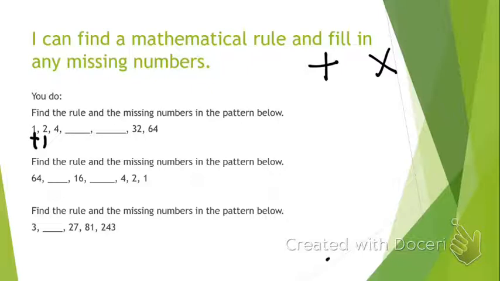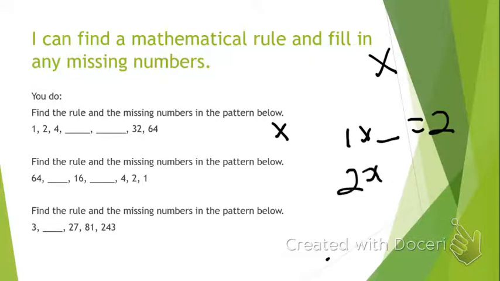So if adding isn't working, I'm just going to automatically assume that I'm multiplying, okay? Since I know I'm multiplying now, I need to figure out times what. 1 times something gave me 2, and then 2 times something gave me 4. Well, 1 times 2 would give me 2, and 2 times 2 would give me 4.